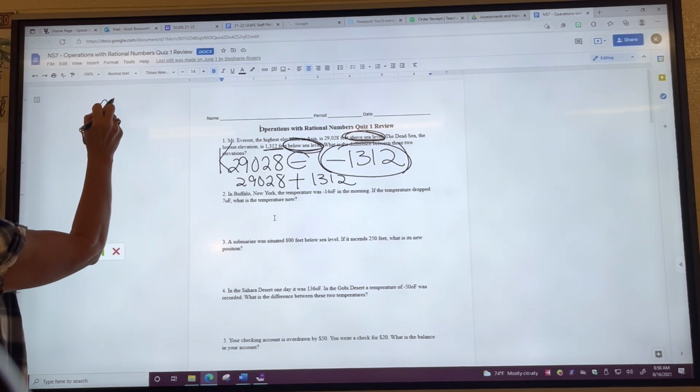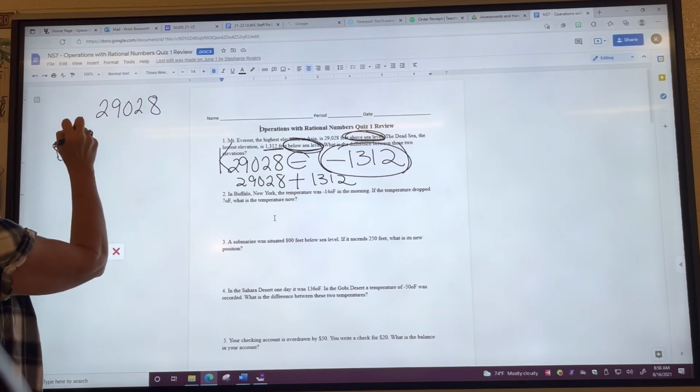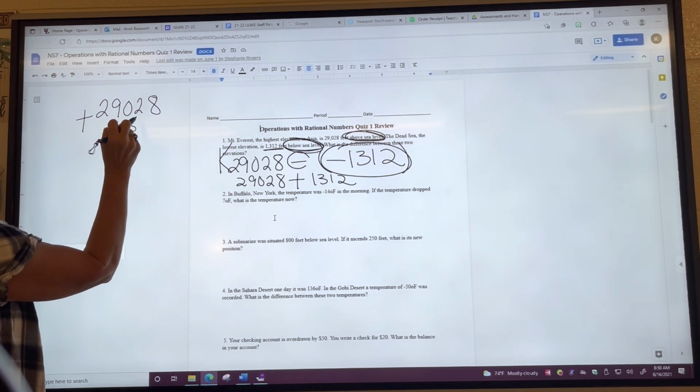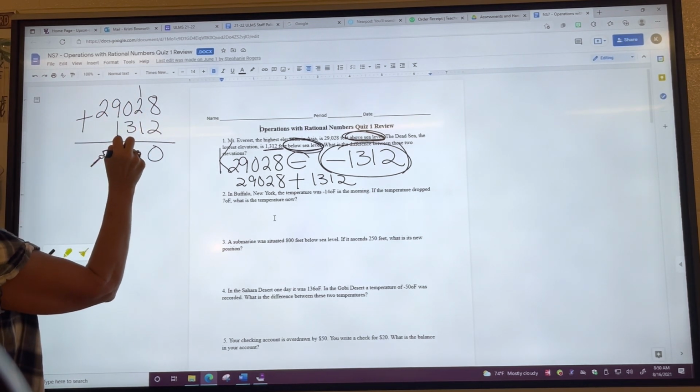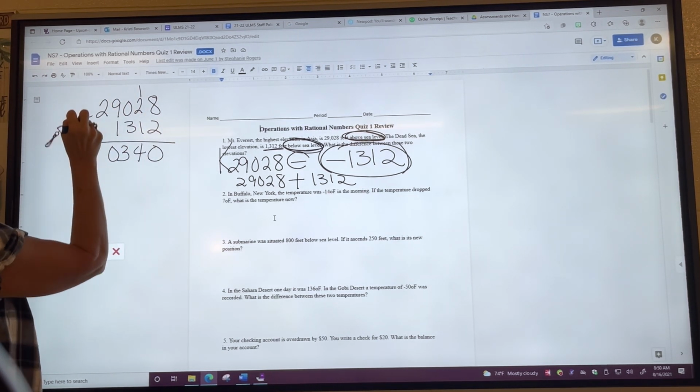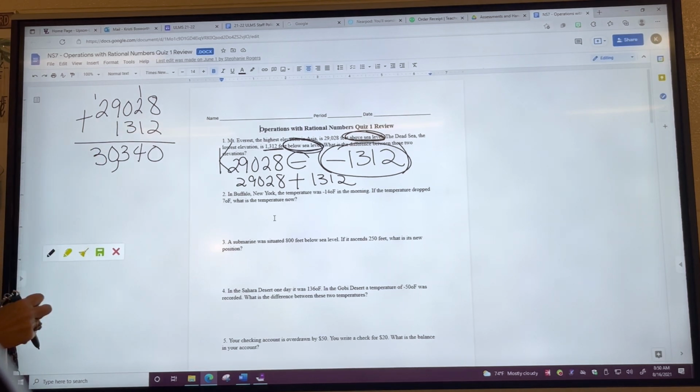We're taking 29,028 and adding 1,312 to it. 30,340 feet is the difference, okay? So all you're doing is keeping the same numbers, flipping the other two, and then adding them? Right, we're doing KCO: keep it, change it, opposite. That's on the video that I hadn't posted, and I'll get it posted, and I'll also give you the pages where we took the notes.